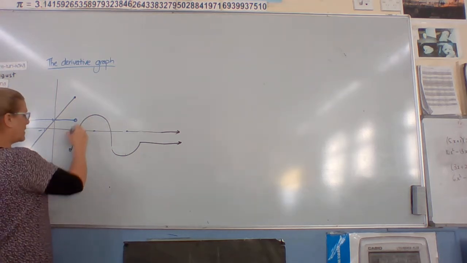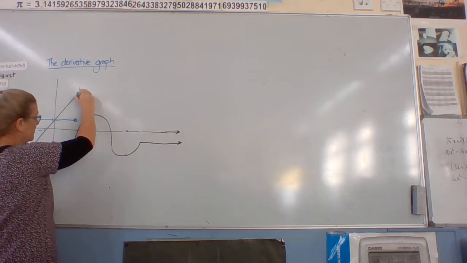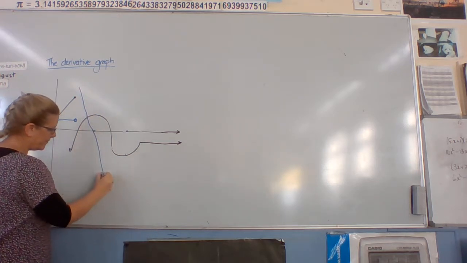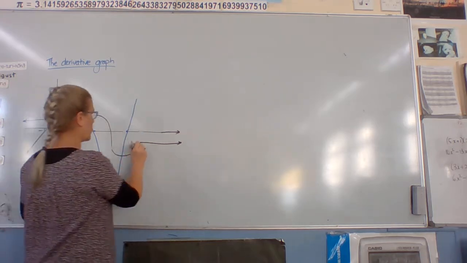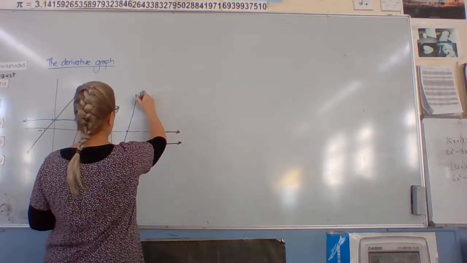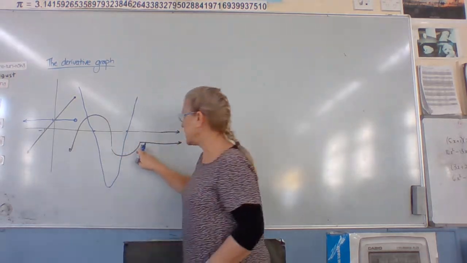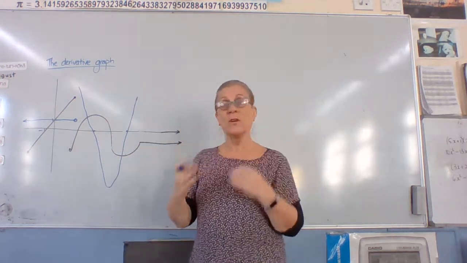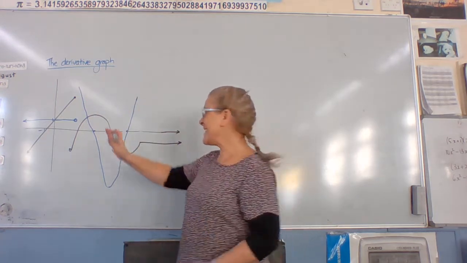So what we're going to get is not so steep here, so I haven't gone as high. This side seems to be steeper than this side, according to my visual look. So I've gone higher here than I have here, because this is the steepness.